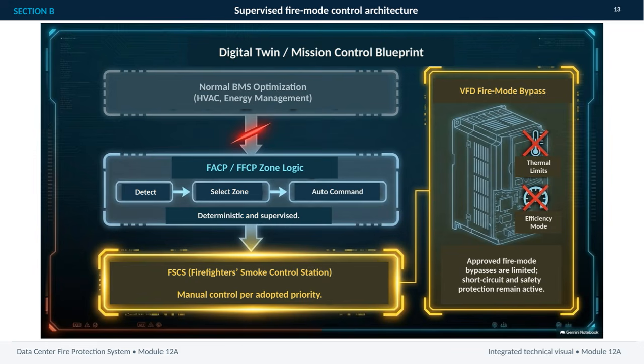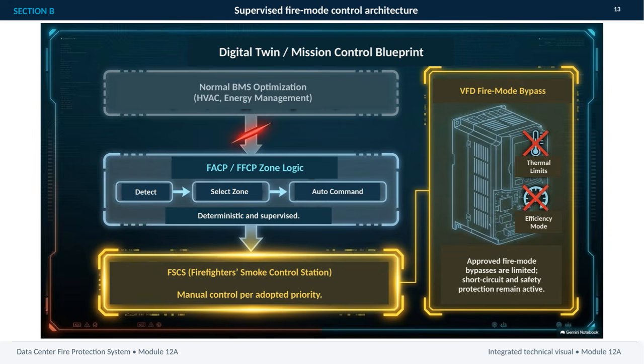The FSCS, or Firefighter's Smoke Control Station, provides manual control according to the adopted priority, so authorized personnel can oversee or adjust the response when needed. The architecture also shows how variable frequency drives are handled in fire mode. A VFD fire mode bypass can override normal efficiency behavior, but only within approved limits.